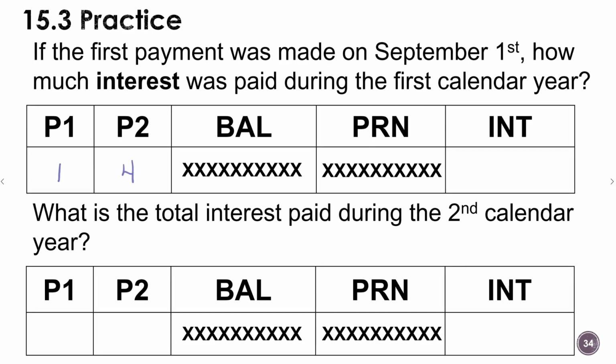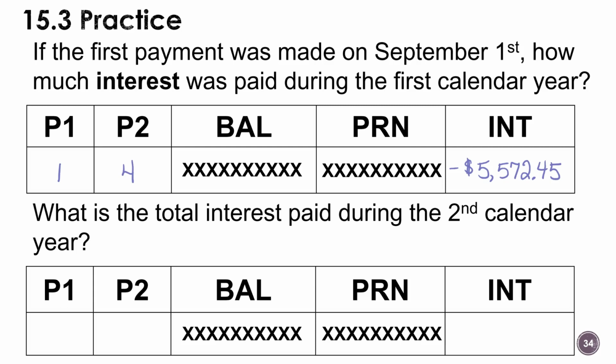Right? And the amount of interest in, all you have to do is click, remember, second PV gets you into the amortization keys, and the amount of interest is $5,572.45. All right. And then it says, what is the total interest paid during the second calendar year?